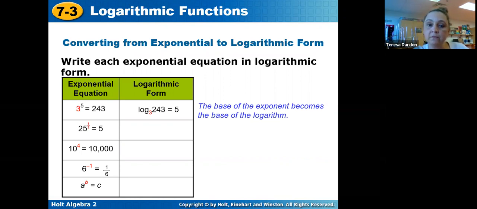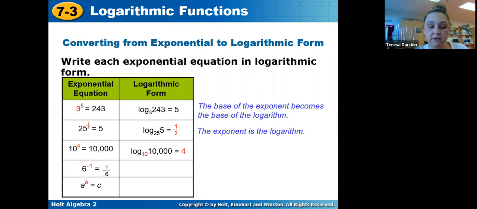All right, let's try the next one. 25 to the 1/2 power equals 5. Take 1/2, that's your power, rename it as a logarithm. So 1/2 equals log. What's the base of your exponential? 25. There you go. It's just that easy. The next one, 4 equals log base 10 of 10,000.